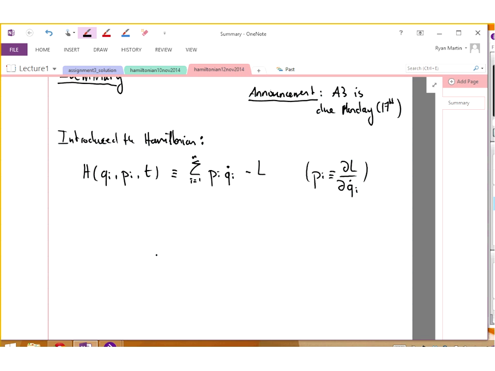So the equations of motion were given by Hamilton's canonical equations in the Hamiltonian formalism.